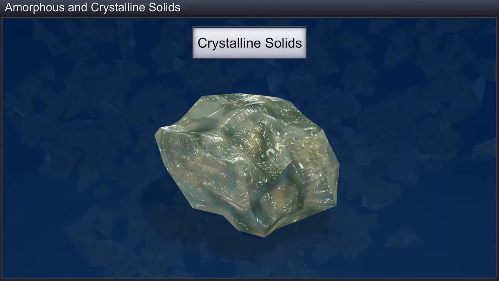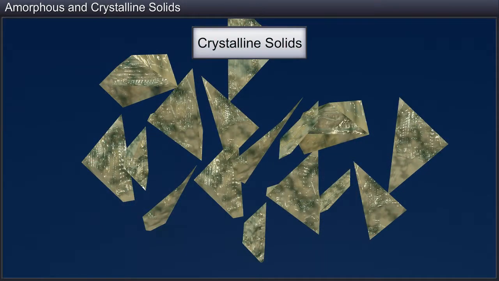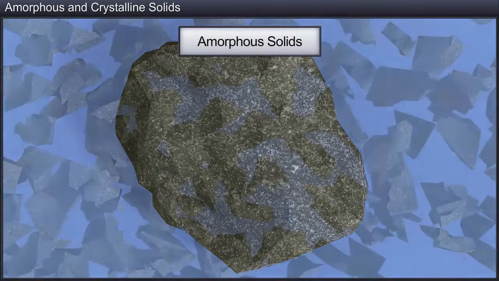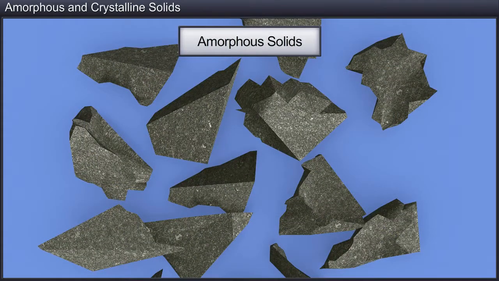If a crystalline solid is broken into pieces, the small constituents will have the same smooth and plane surfaces. However, if an amorphous solid is broken into pieces, the small constituents will have irregular surfaces and intersect at random angles.